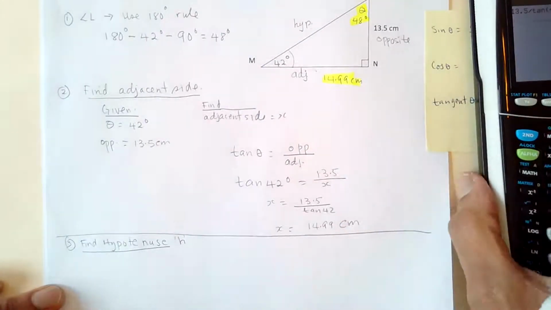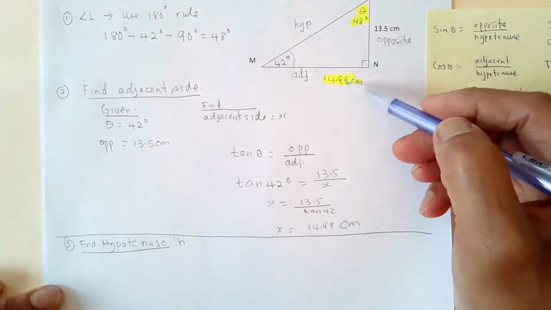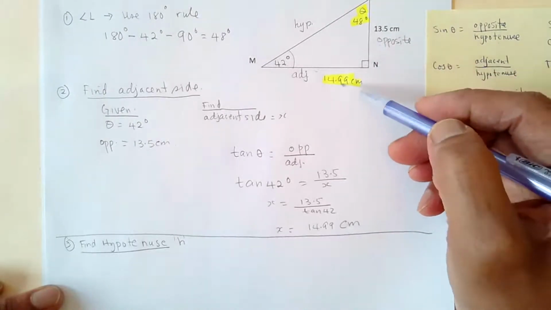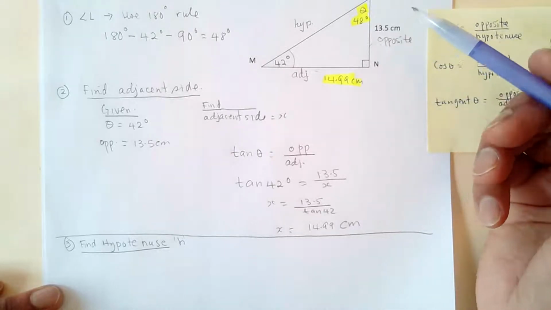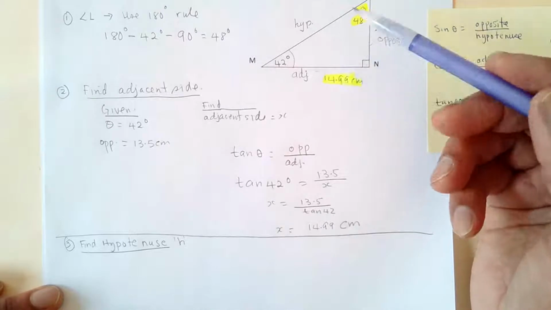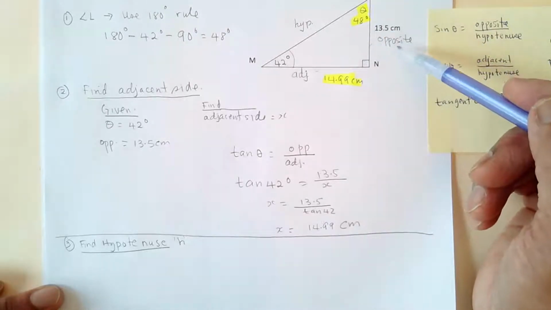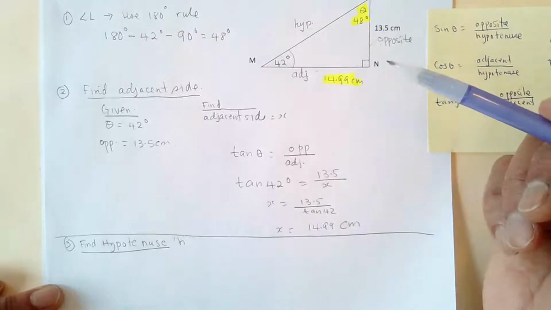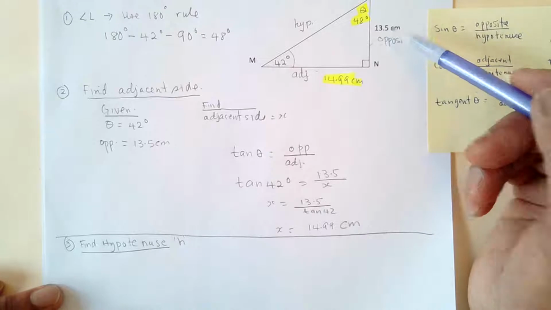So by the way, we can solve this question in a number of ways. We could use the Pythagorean theorem because we have the measurement of two sides. But I'll continue as if we don't know the adjacent side, but I know the opposite side only.